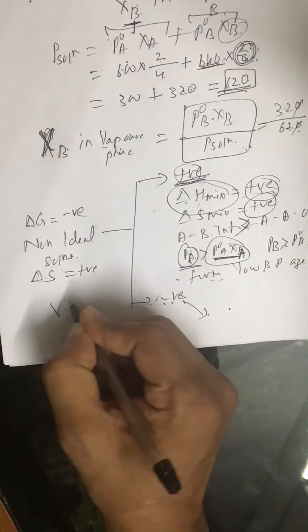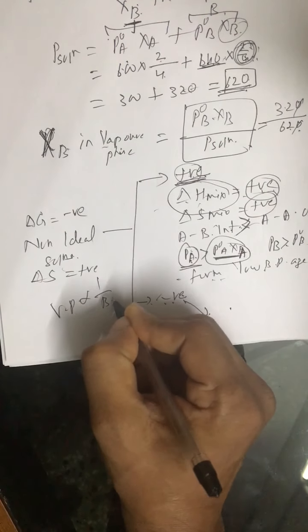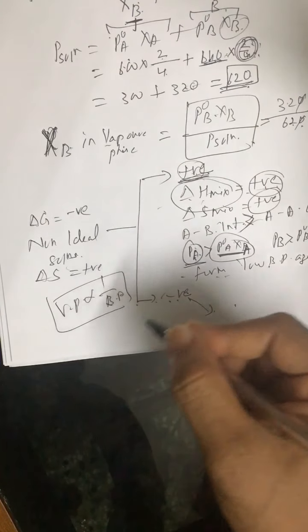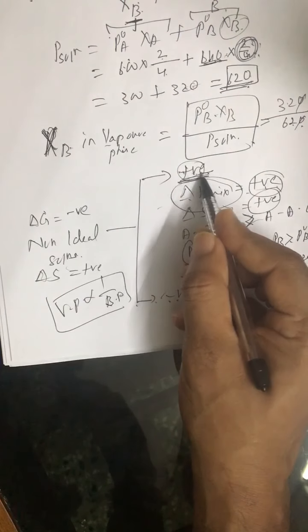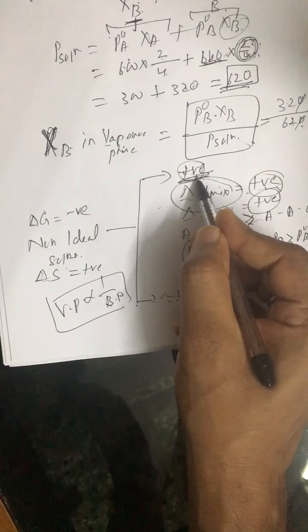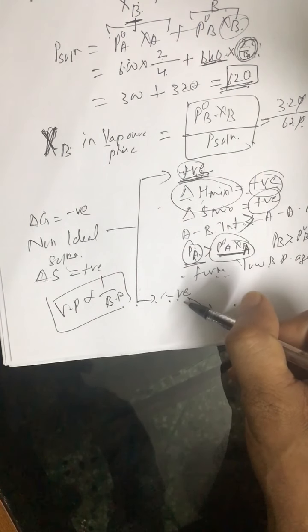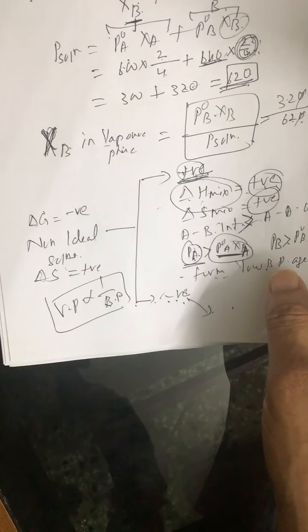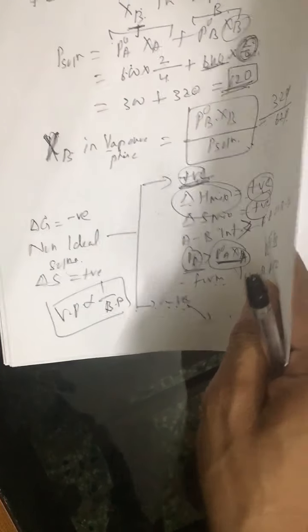So we know that vapor pressure is inversely proportional to boiling point. So vapor pressure increases, that means boiling point decreases. So positive deviation cases, they form low BP azeotrope, and negative deviation cases, they form high BP azeotropes. Alright, so these cases are important.